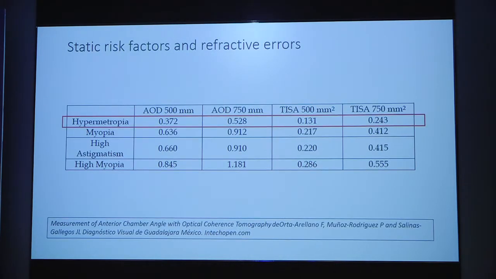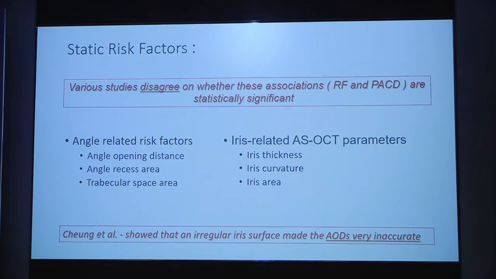So static risk factors, if we see these, there are multiple studies. In hypermetropia, all these parameters are less as compared to other refractive errors, that is myopia, astigmatism, or very high myopia. So these can be predictors of angle closure and crowded anterior chamber.